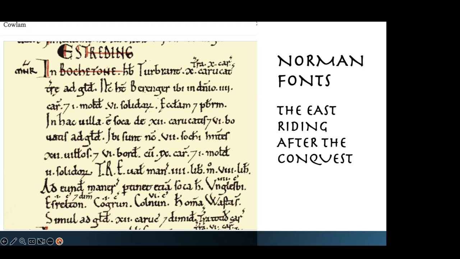Although there was, of course, an influx of Norman lords, the vast majority of the population were Anglo-Saxon. It wasn't like freedom of movement in the common market. So we're looking at a change almost in the visual culture, and fonts were part of that.